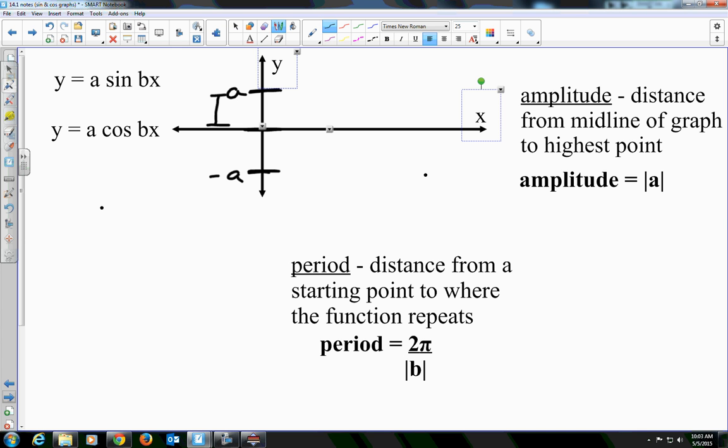We're going to find the period using this b, which is the number times the argument of the sine or the cosine function. So to find the period, we're going to say 2 pi over b. So this would be 2 pi over the absolute value of b, and the distance from here to here, that's my period.